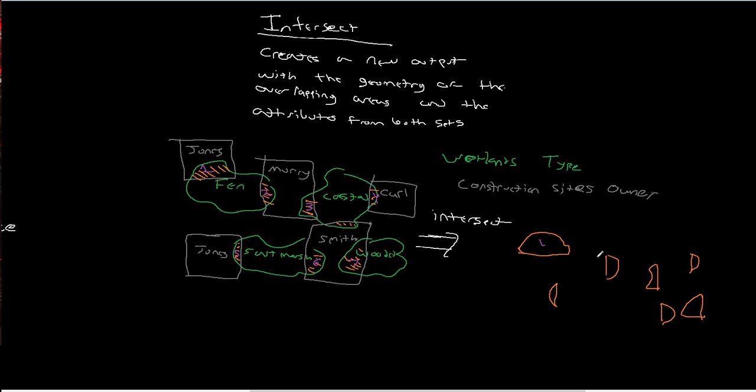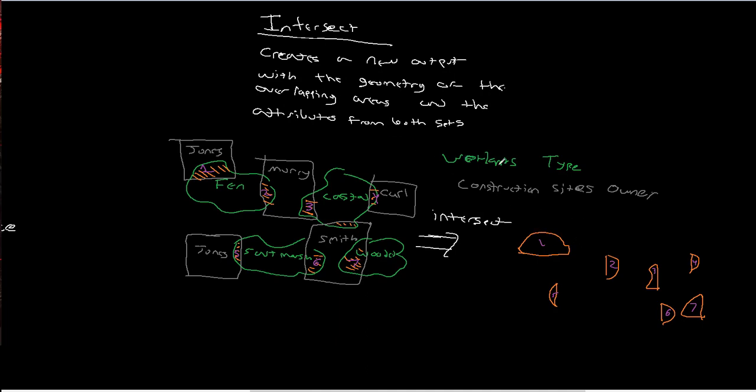You can see that the output result is only those areas where there is overlap between the inputs.